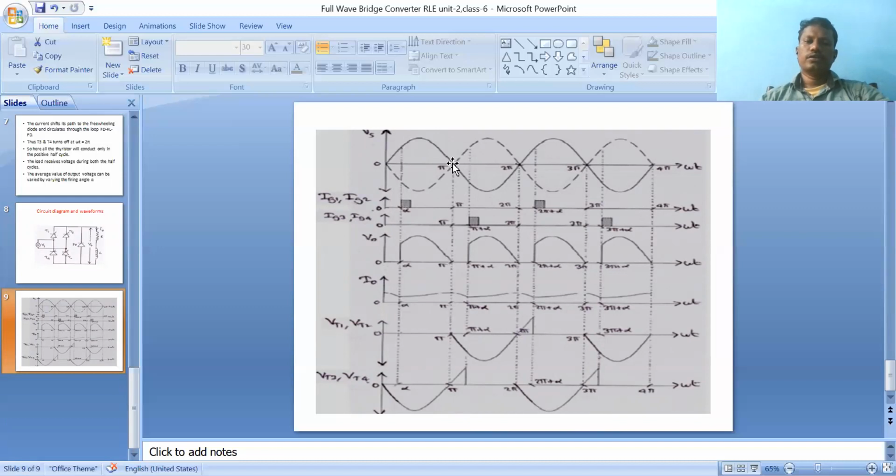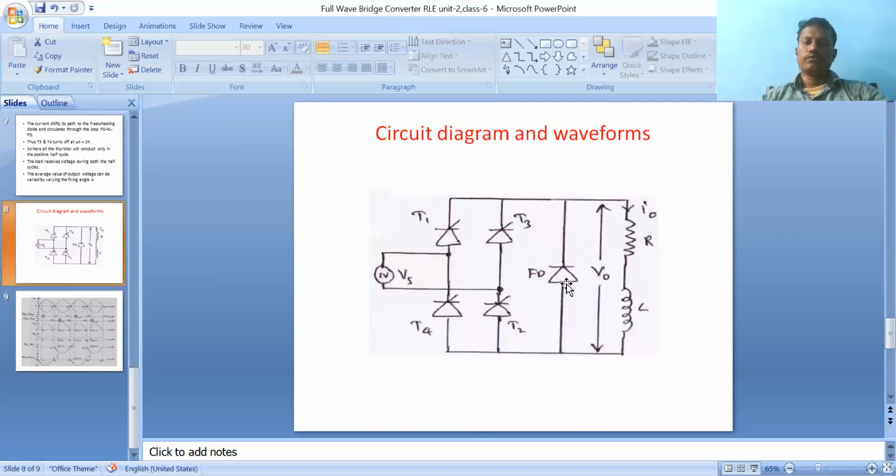So the inductor stores energy, and this stored energy is directly transferred through the freewheeling diode only, not through thyristors T1, T2, and not through T3, T4. So the current path is: freewheeling diode, L, and again the freewheeling diode.